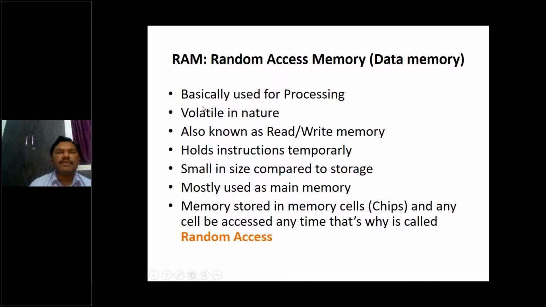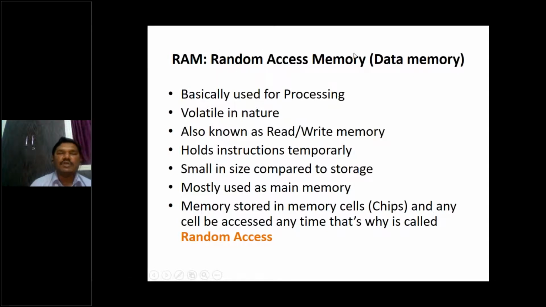This RAM memory is also called random access memory or data memory. Remember, ROM is called code memory or program memory, and RAM is called data memory. It is basically used for processing. It is volatile in nature. It is also known as read-write memory.